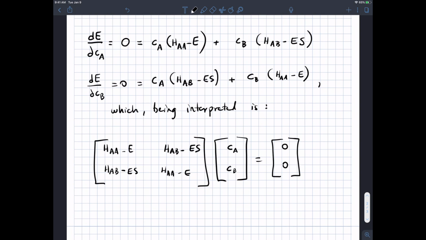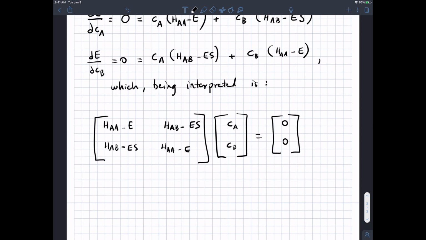This term times that plus this term times that equals 0. This term times that one plus this term times that one equals 0. Same equation, it's just a different way of noting it. Now, questions so far? We've already said that a non-interesting solution to these equations is just to let both coefficients equal 0.